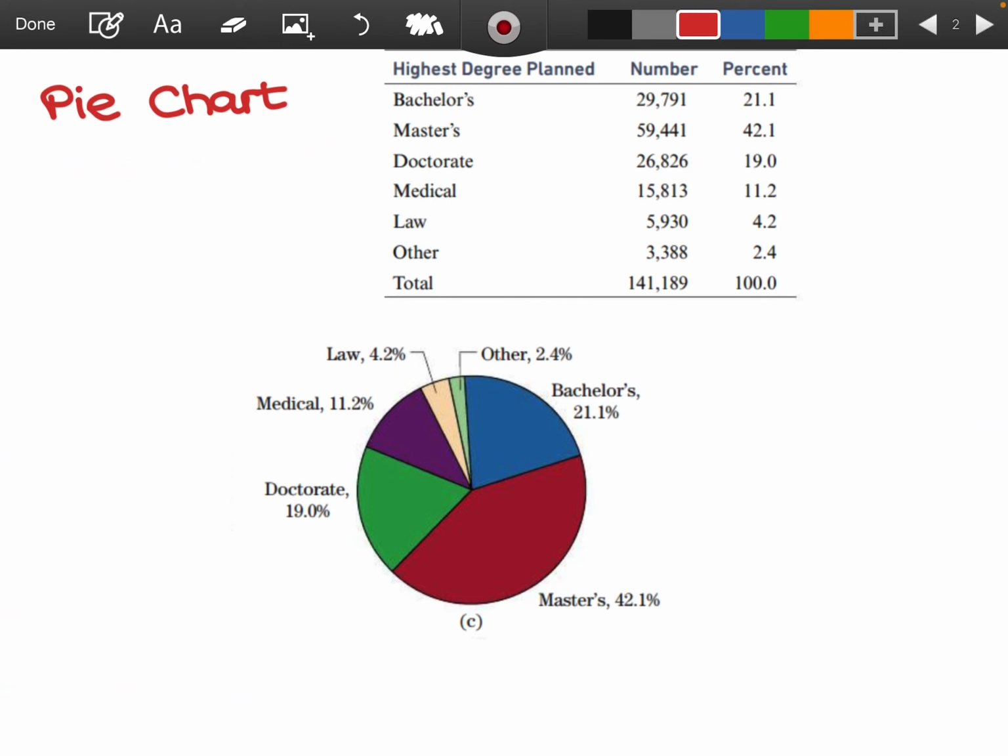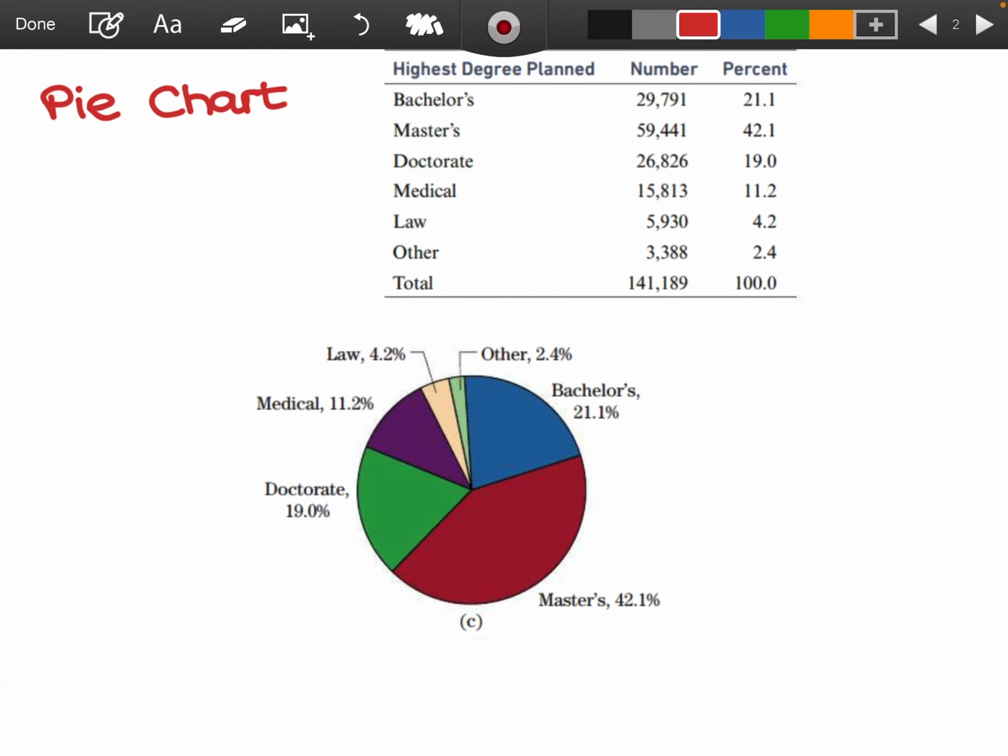It's the percentage of people that plan to take a bachelor's degree. If this entire circle represents 100%, then we've taken 21.1% of that whole circle to represent the people that plan on taking a bachelor's degree. And then we've taken 42.1% of our circle to represent the number of people that plan on taking a master's degree.